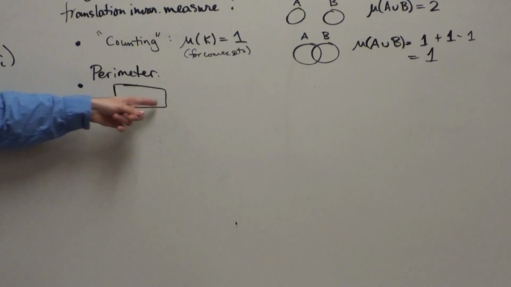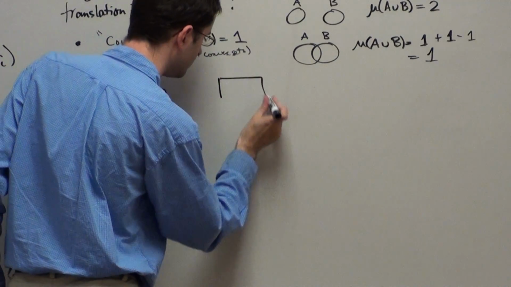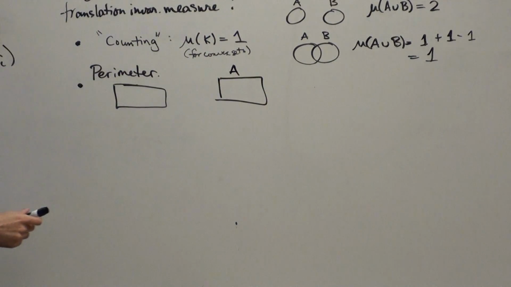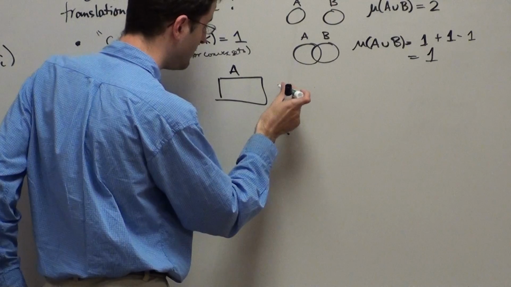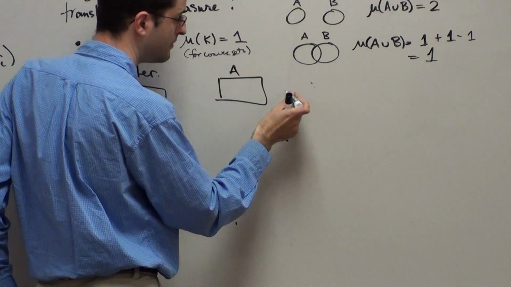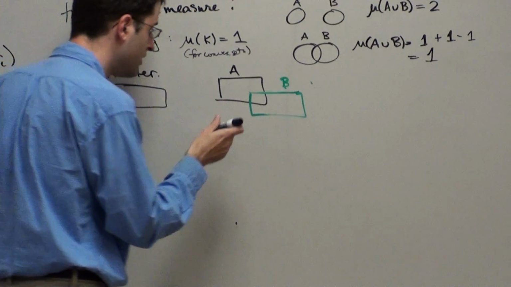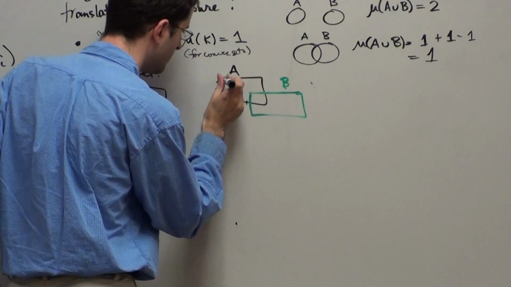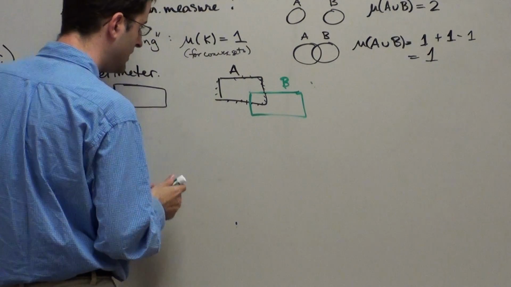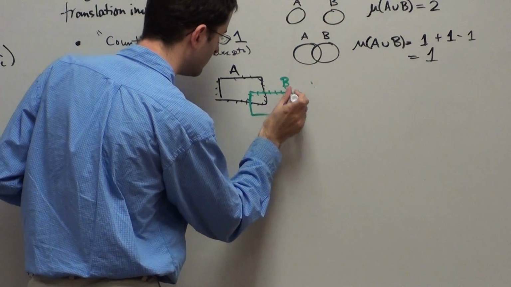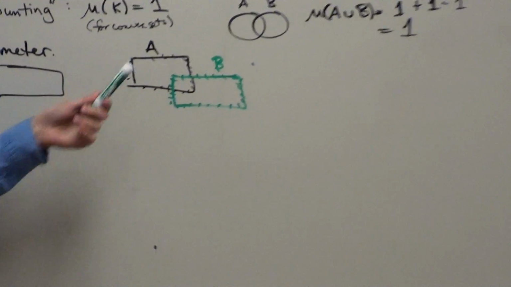What happens if you add two sets together? Well, if I take A's perimeter, I add a set B. If it's different, it just has a different perimeter. If they overlap, that's the interesting case. Then I take perimeter of this, plus the perimeter of this, minus the perimeter of the union.